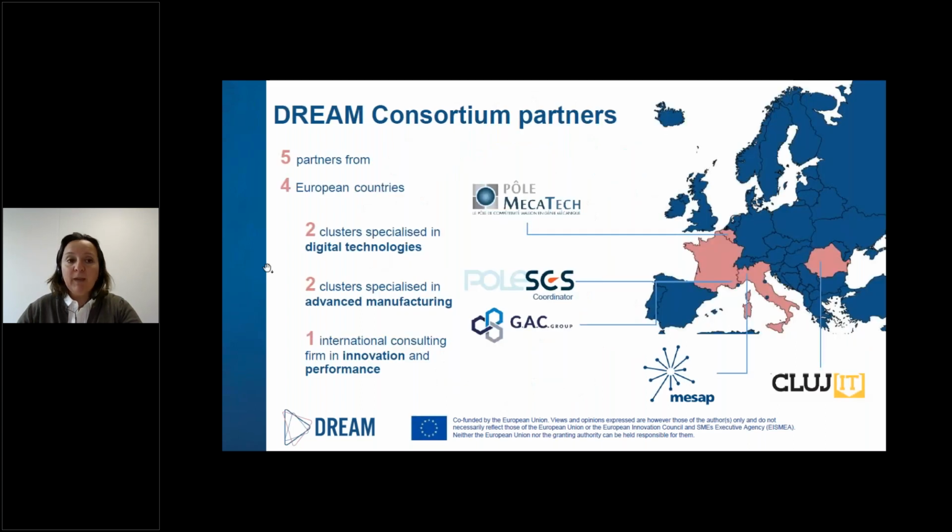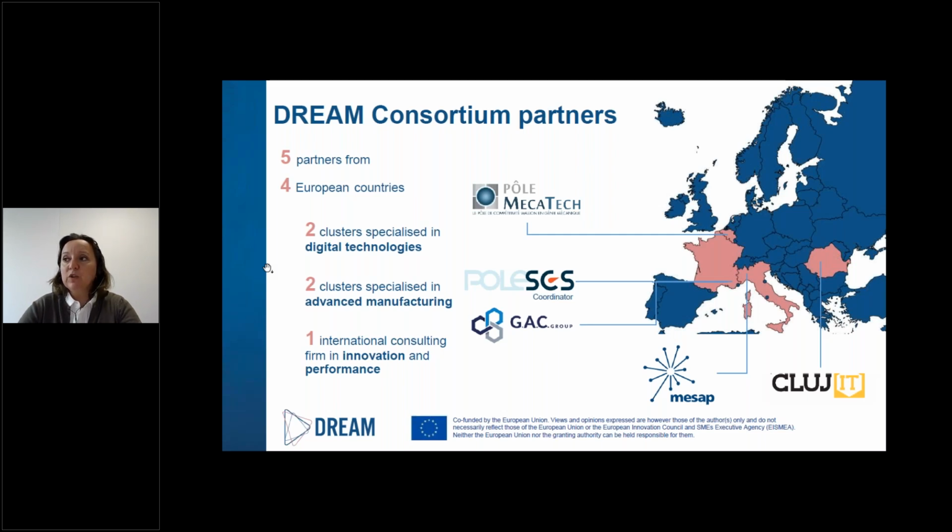Behind DREAM, we are actually a team of 5 partners, 5 entities coming from 4 European countries: France, Belgium, Italy, and Romania. We are 2 clusters specialized in digital technologies, PolSCF, the coordinator, and the Cluj IT cluster in Romania.